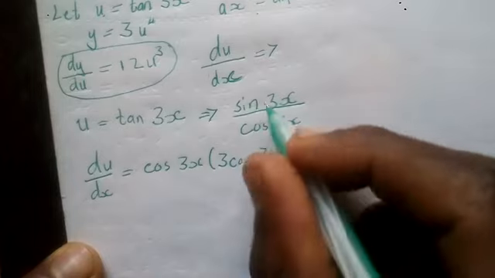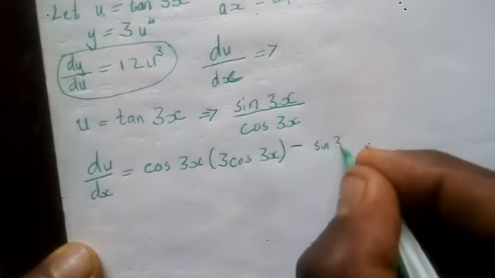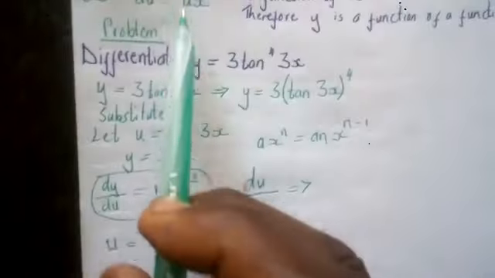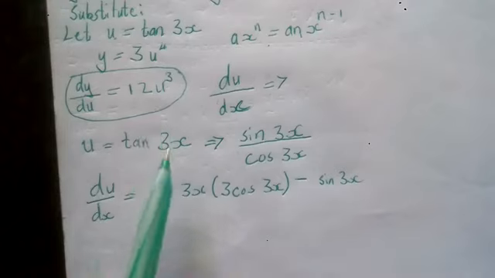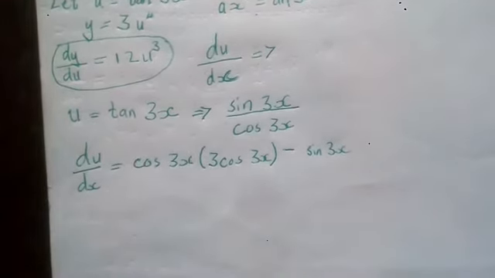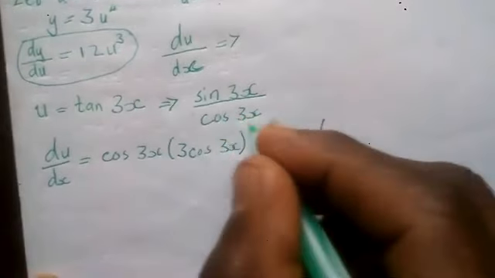Minus, you come to the numerator, sine 3x, into bracket the derivative of the denominator.